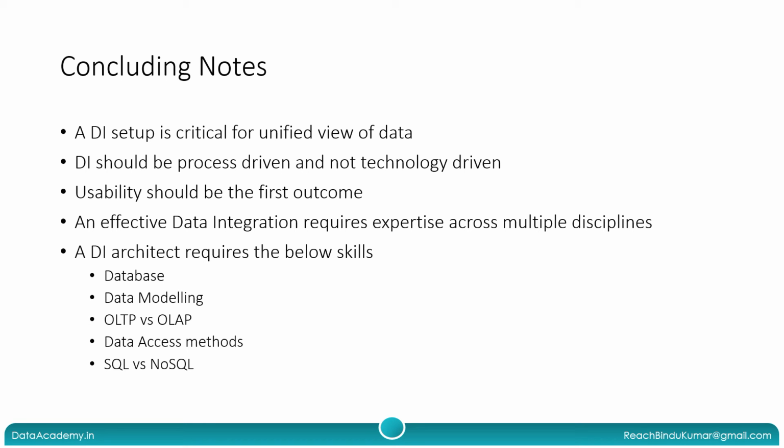Now to conclude everything that we have discussed so far, the first point: a data integration setup is critical for a unified view of data. Once again, I stress upon it. Whenever you think about a solution, think what happens if the solution is not there. What is the problem that we are trying to solve? Without data integration, it becomes chaotic.